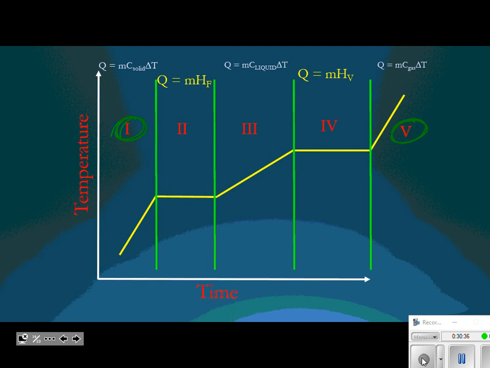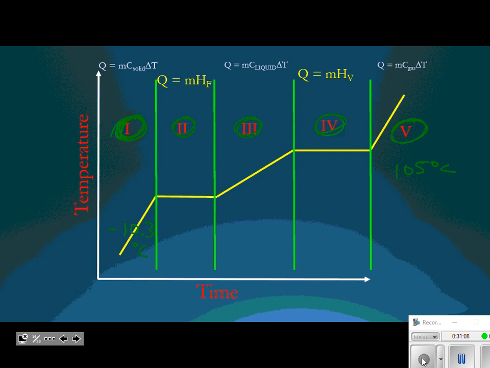So I'm going to start up here at, what was it, 105 degrees Celsius, right? And we're going to end down here at negative what, 10.3 degrees Celsius. So we're going to go through all 5 of our different areas, starting with 5.